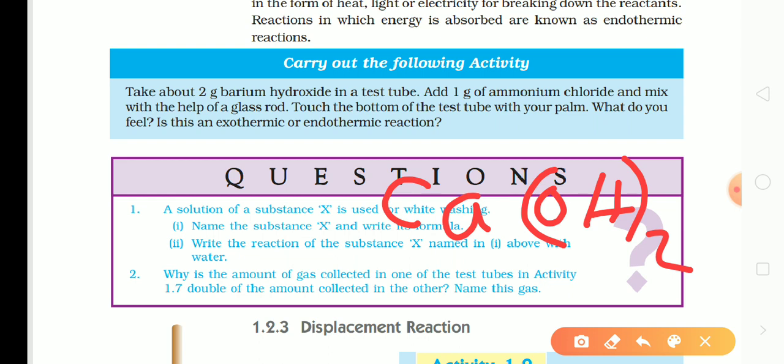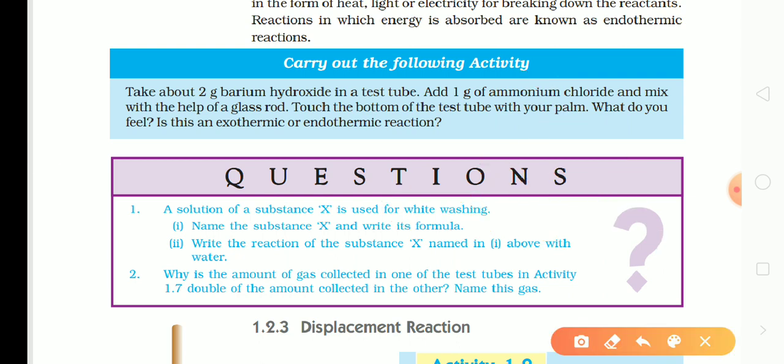But the majority of you are thinking X would be Ca(OH)2 or slaked lime. But read the question carefully. What they have given: it is not X, a solution of X is used for whitewashing. We all know Ca(OH)2 is used for whitewashing, right?